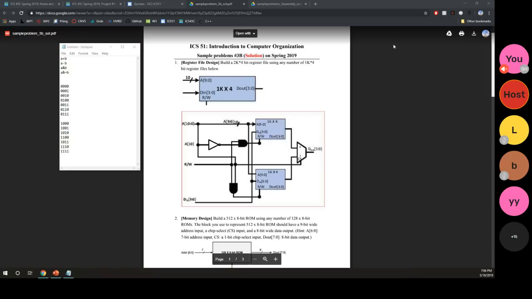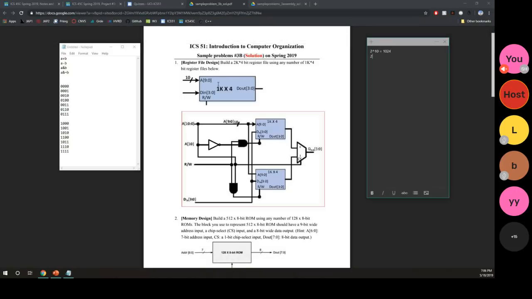Cool. Okay, so 2 to the 10th, which is saying that 10 is how many bits our memory address is here. So if 2 to the 10th is equal to 1024, or our 1K register, and we want a 2K, which is equal to 2048, that's just doubling what we had before.